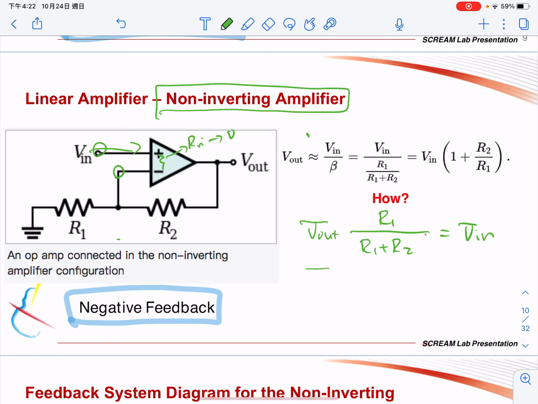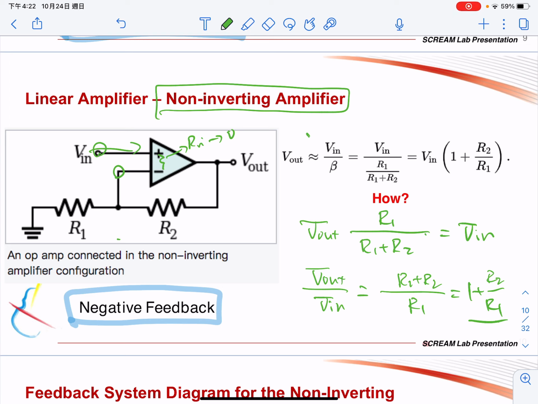So if I rewrite the equation, V out over V in will be equal to R1 plus R2 over R1, which will be equal to 1 plus R2 over R1. Okay, this is the amplification factor.